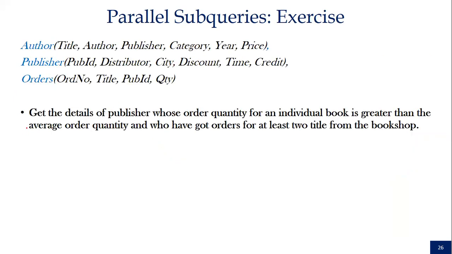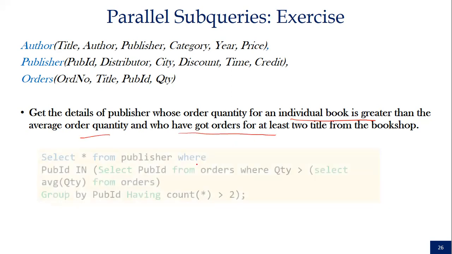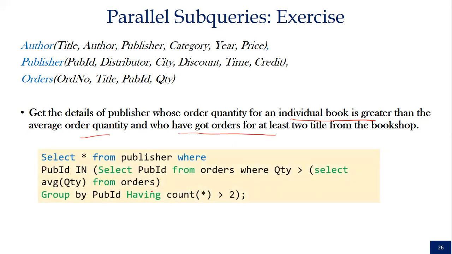Okay, now this is another example: get the details of publisher whose order quantity of individual book is greater than the average order quantity. So for that, for individual book we can write the average order quantity as one condition, and another condition is that. So these two conditions can be executed parallelly.